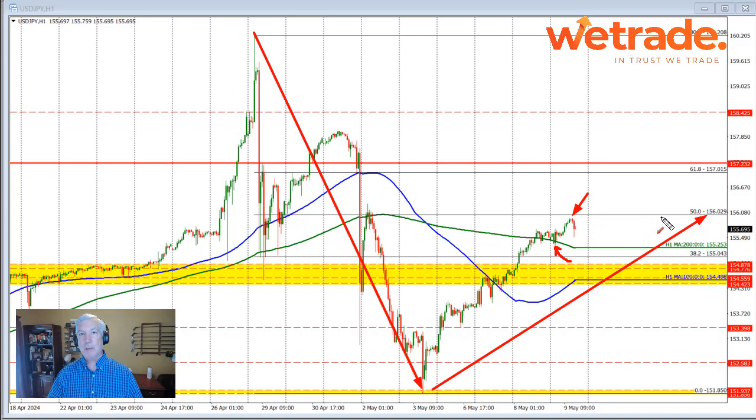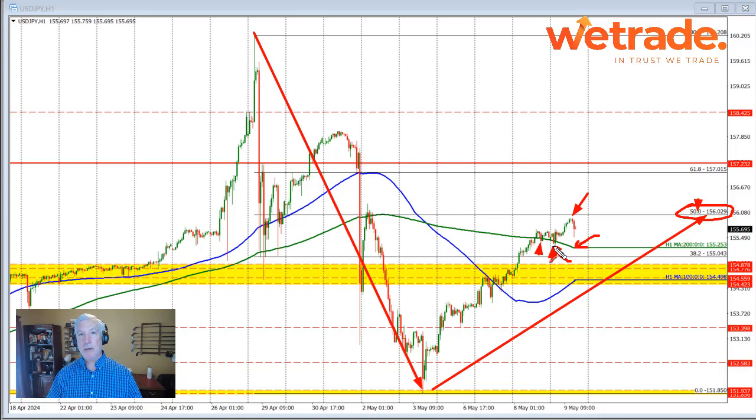So ultimately, we would need a move above the 50% retracement to keep the momentum going in this pair. If the price were to go lower, the 200 bar moving average on the 4-hour chart would be the level of importance for sellers to get to and through and stay below. We tried yesterday to stay below the level.